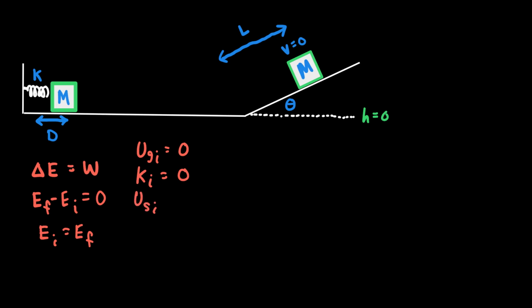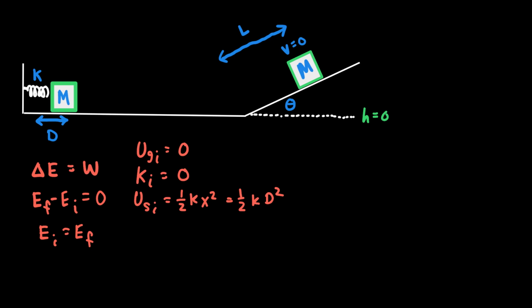The elastic potential energy, however, is not 0. The form of the equation for elastic potential energy is 1/2 kx squared. And in this case, the distance that the spring is compressed is expressed as a capital letter D. So I'm going to write 1/2 k d squared. And so that's all we have for the initial energy.